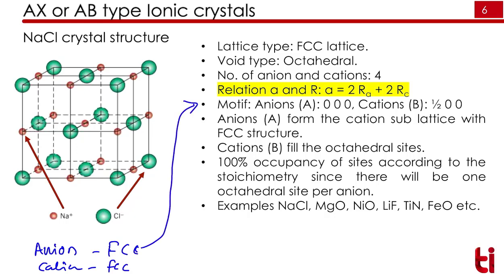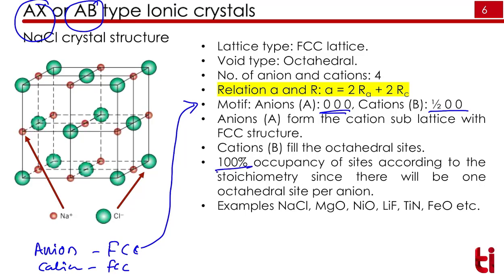The anion will form an FCC lattice at position 0, 0, 0, and the cation will be at 1/2, 0, 0. These are the positions of that lattice, not of individual atoms. Since this is FCC, we have 4 anions, and if it has 4 anions, it should have 4 cations, because AX or AB type should have the same number of anions and cations, right?